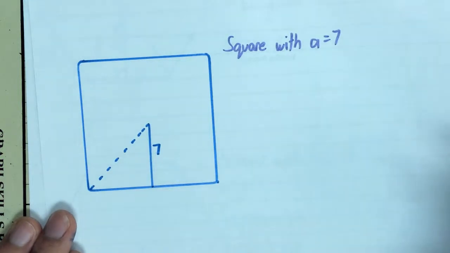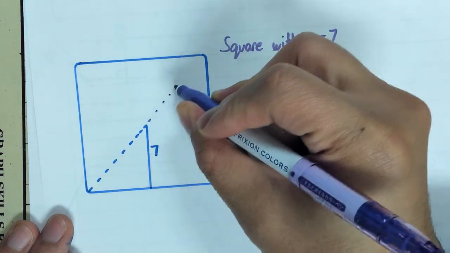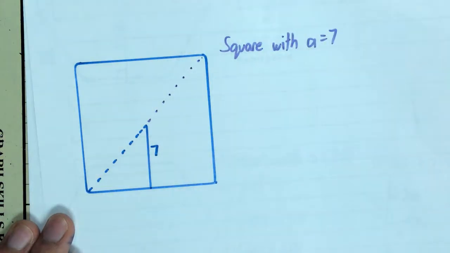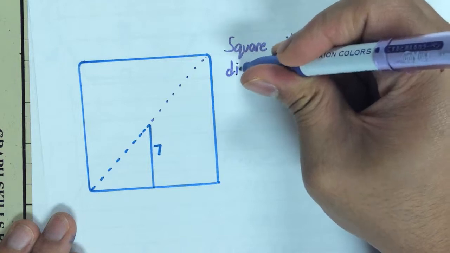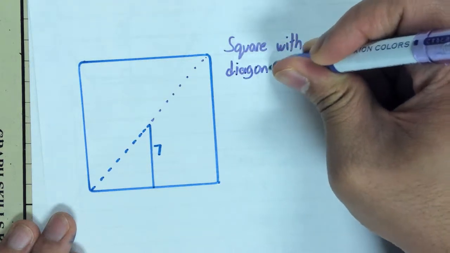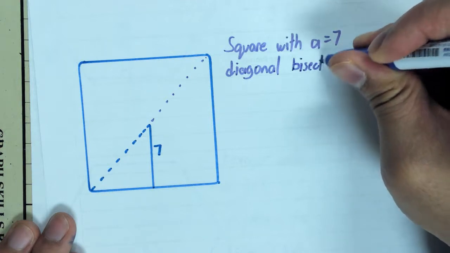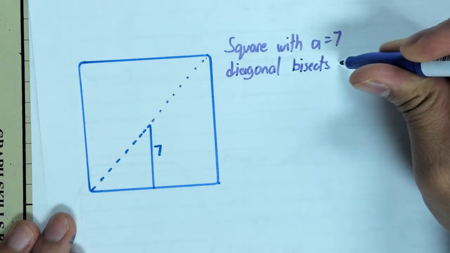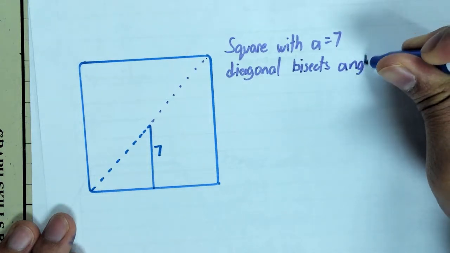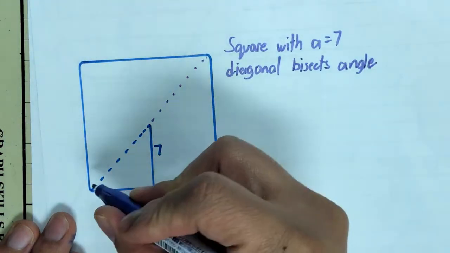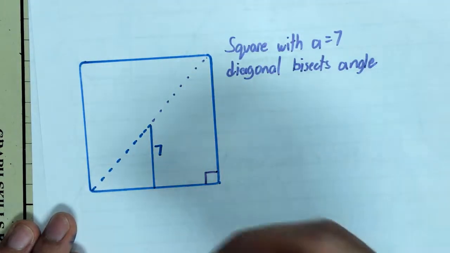If you think back to your square properties, if I were to draw out this diagonal, one of our properties for a square is the diagonal bisects your angle, which means in a square, this right here is 90 degrees.